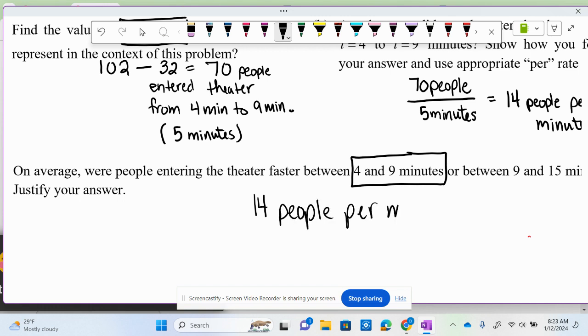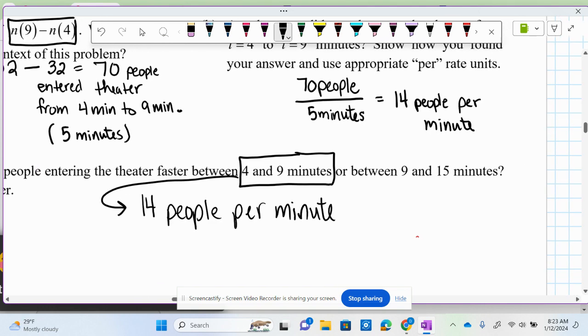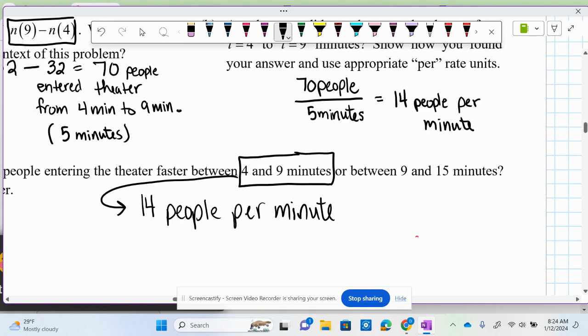We already discovered that. Can we figure out how many people entered per minute in the 9 to 15 minute interval? Well, let's figure out the N of 15 minus the N of 9.